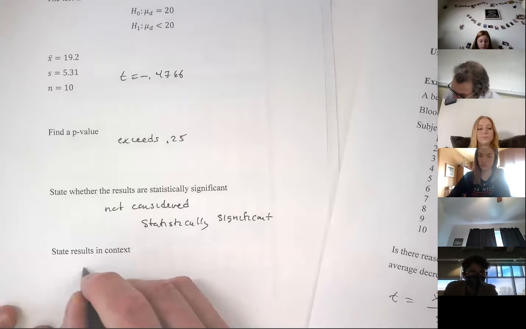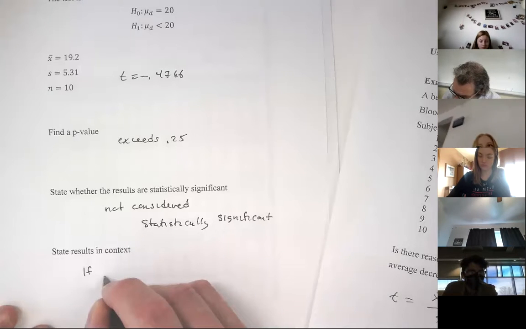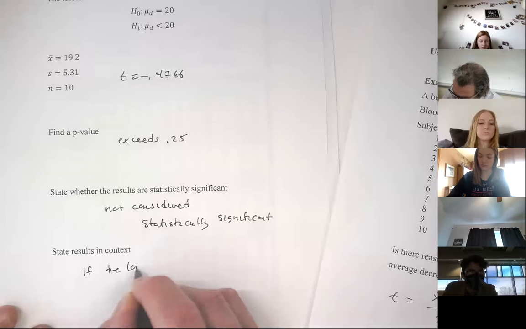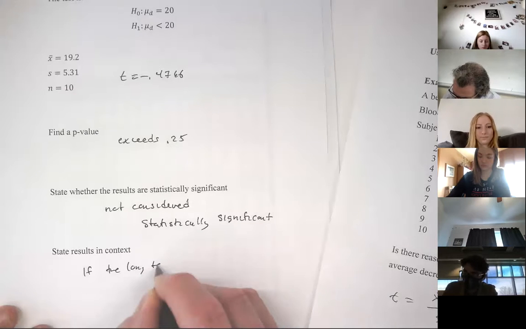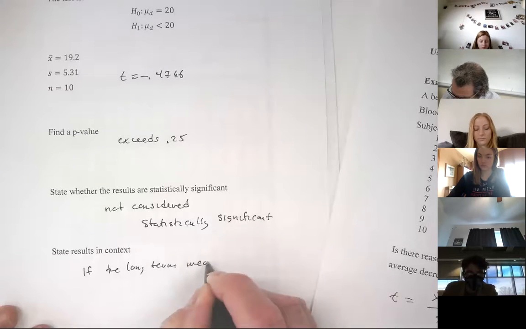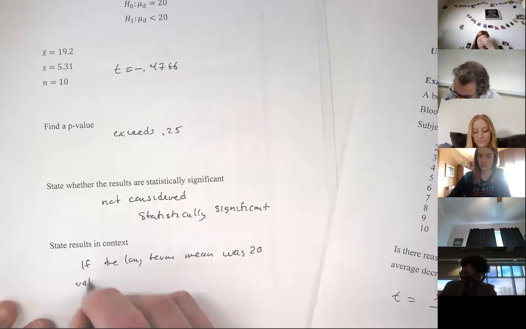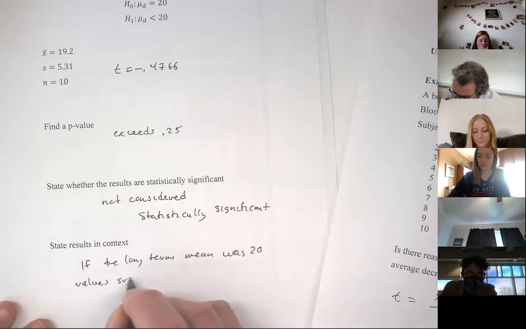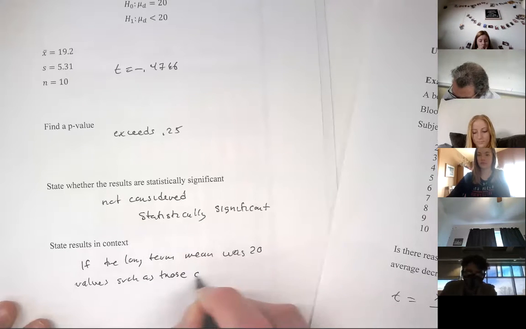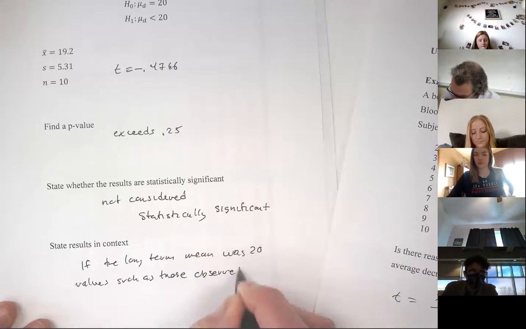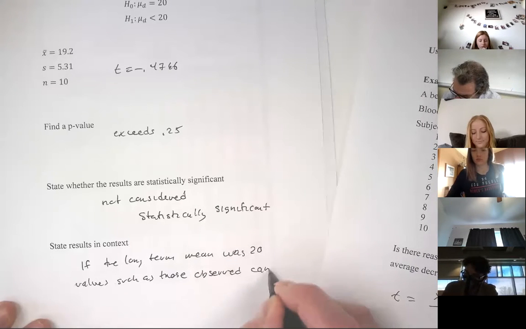If the long-term mean was 20, values such as those observed can easily happen.